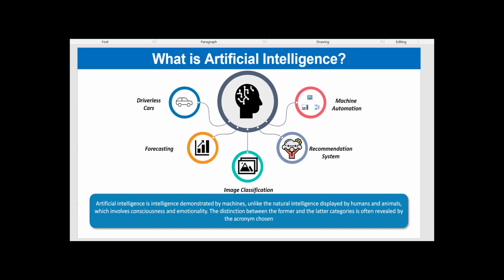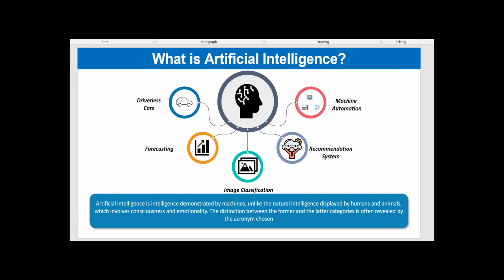Machine automation. Now everything is automating day by day. There is no need for human effort. Like if you need to go and switch off your fan, you can do it by your remote itself. Everything is now automatic. So artificial intelligence is intelligence demonstrated by machines, unlike the natural intelligence displayed by humans and animals, which involves consciousness and emotionality.